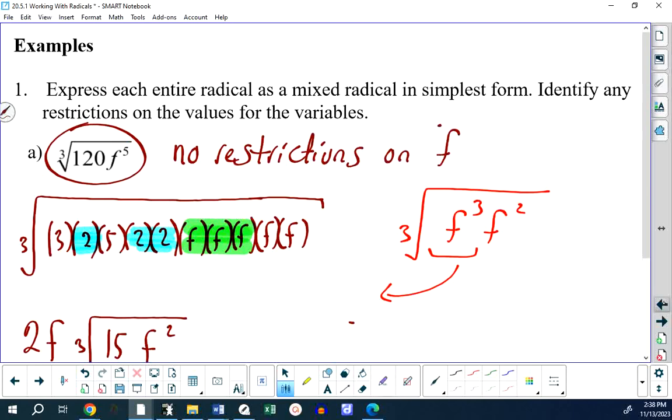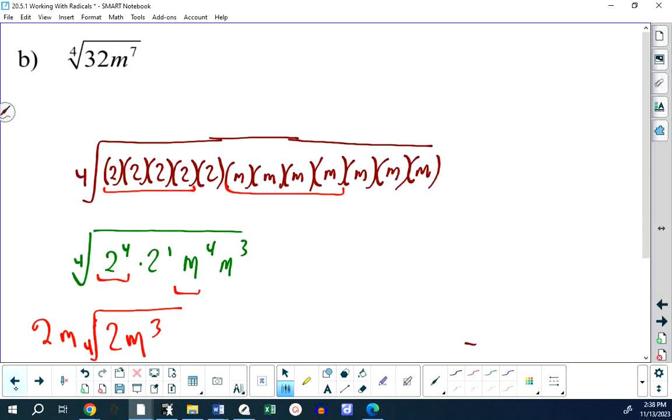on f. What that means is any real number for f can be put into that expression, and you are allowed to calculate the cube root of 120f to the 5. There are no restrictions here on f, but here m has to be greater than or equal to 0.